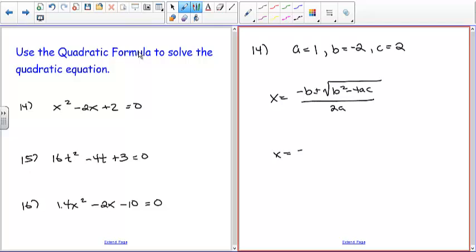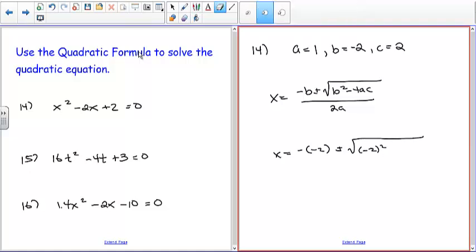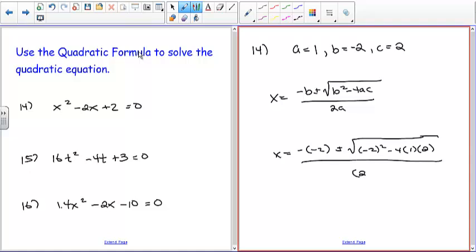So you have negative b plus or minus the square root of negative 2 squared minus 4 times a, which is 1, times c, which is 2, all divided by 2 times a.